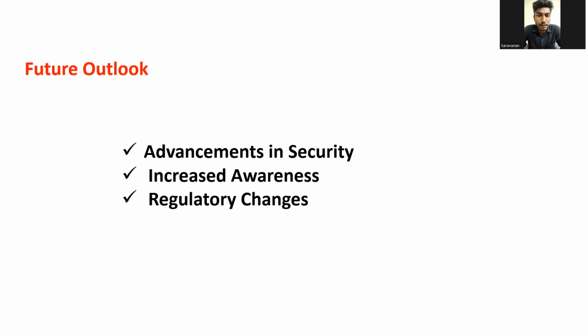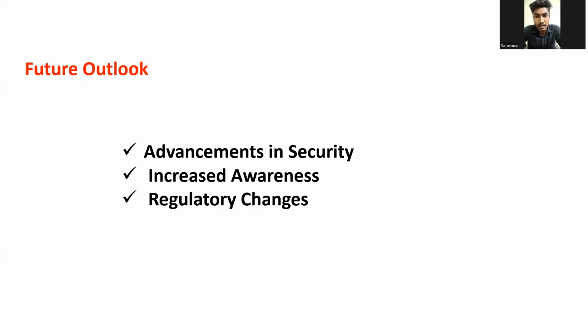There are some future outlooks for PGP. There are three types: advancement in security, increased awareness, and regulatory changes. We are going to talk about advancement in security in detail. Advancement in security: continuous improvement in encryption algorithms and security protocols may enhance the effectiveness of PGP.